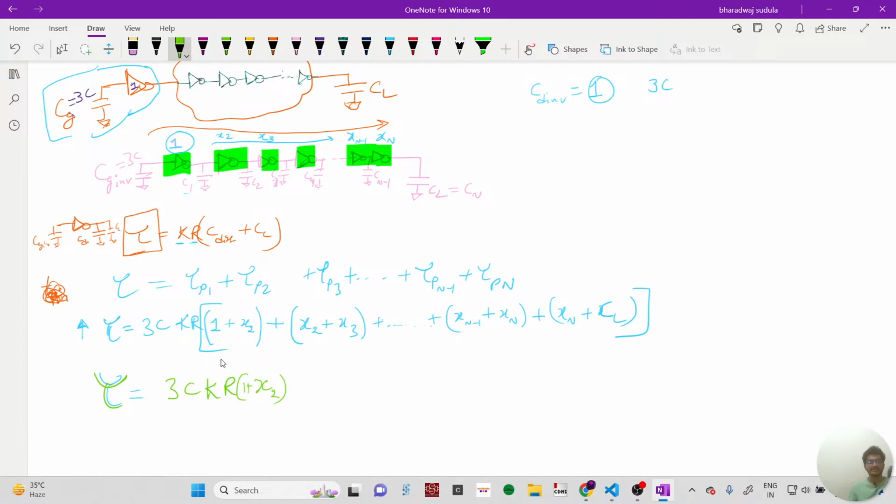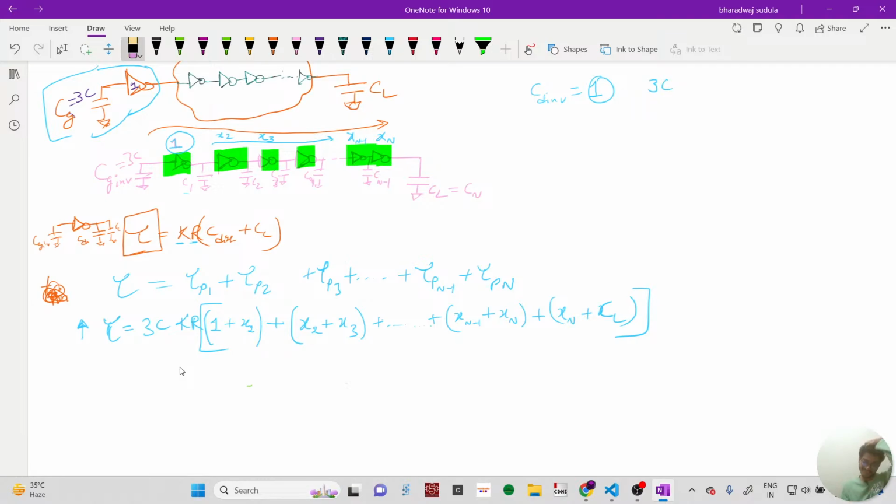I have isolated the first inverter and I'm writing for the other gates. 3CKR times x2 plus x3. Actually, isolate everything. 3CKR remains the same, right?